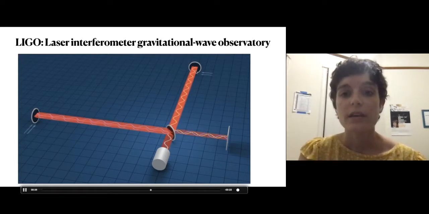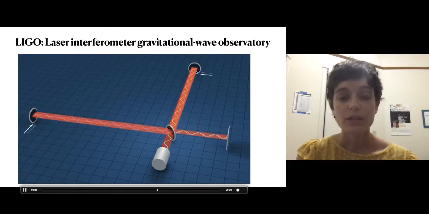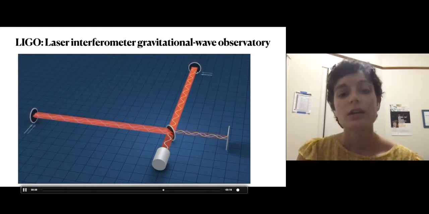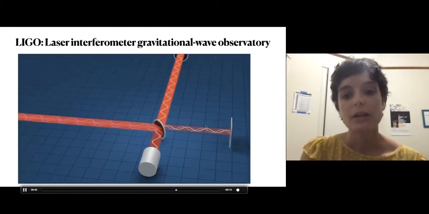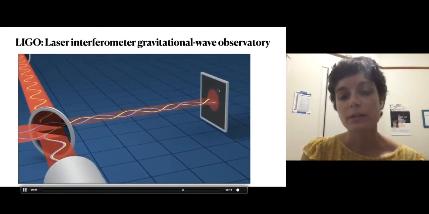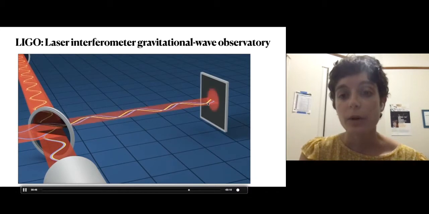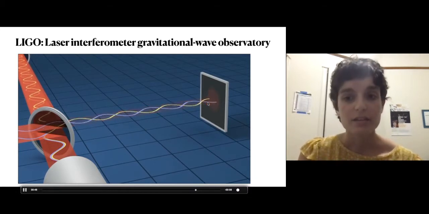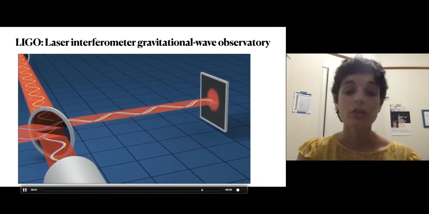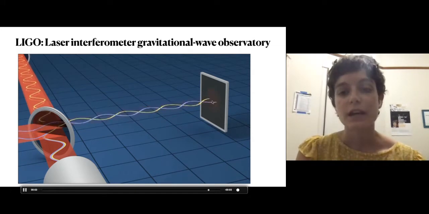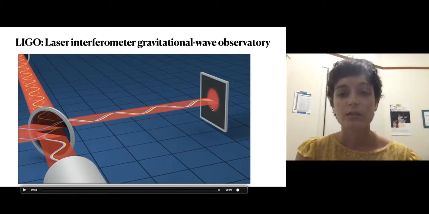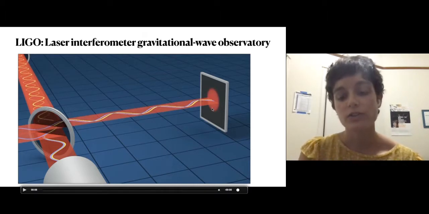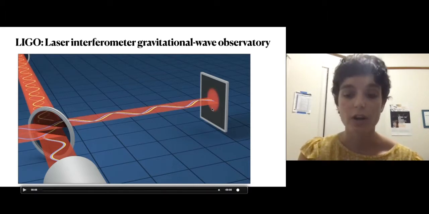And when the relative distance between the two arms has changed, light takes a little bit longer to travel down the longer arm, and it creates this interference pattern at the output. And that is what these detectors are looking for, the specific pattern of interference that corresponds to the pattern at which the relative length of the detector arms are changing.